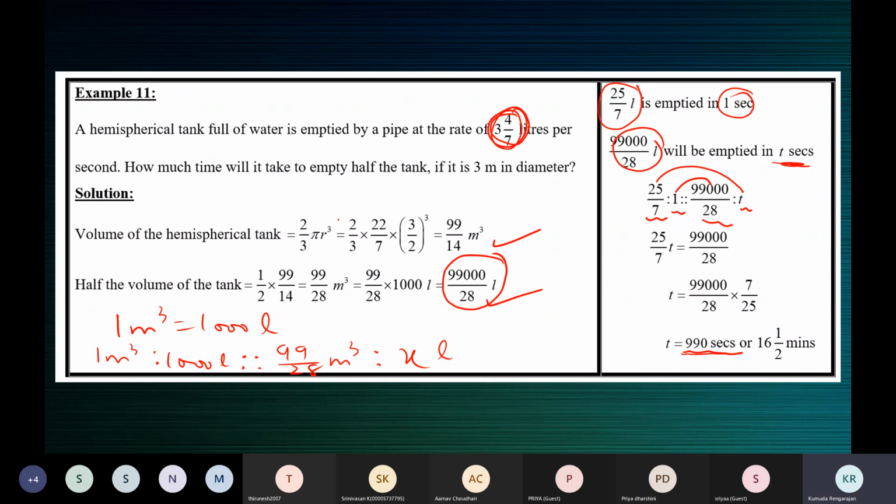You should divide by 60 to find that. How do you do that? Divide 990 by 60. 33 by 2, or 16.5 minutes, which is nothing but 16 minutes and 30 seconds.